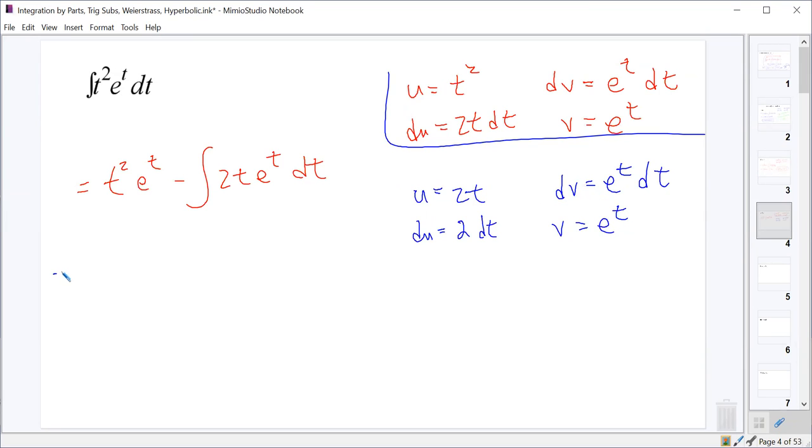And so the second application of integration by parts gives us t squared e to the t minus, and I'm going to put my new integration by parts terms into brackets here. So uv, 2t e to the t, minus the integral of v du, which is 2e to the t dt. Good or no?